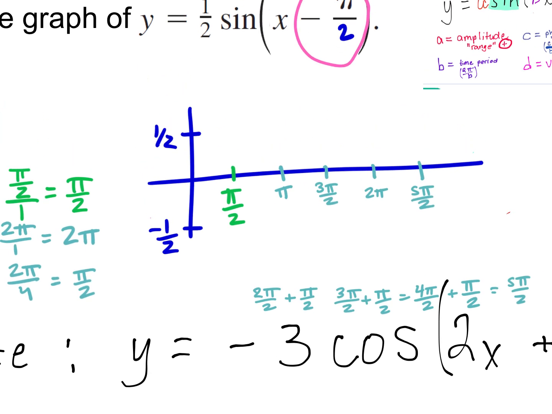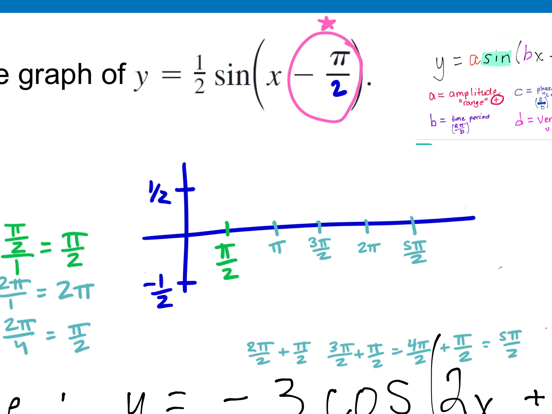So for our sine graph, now that we have everything on our graph, let's put the graph on it. For a sine graph, where do we start? We start at 0, but I'm going to start at my starting point at 0. So we're going to start here at pi over 2 comma 0.